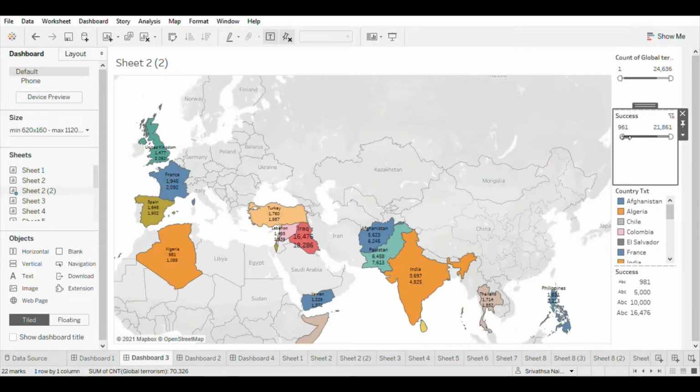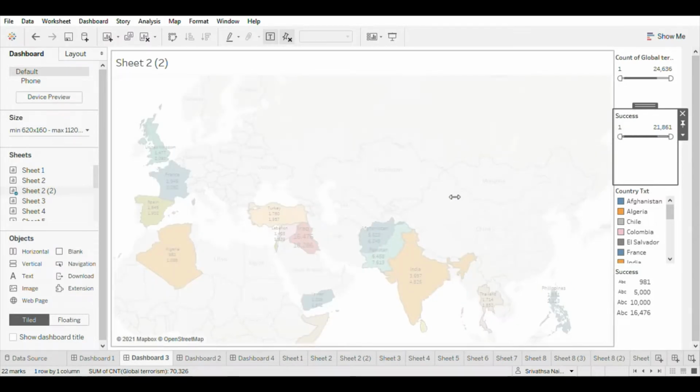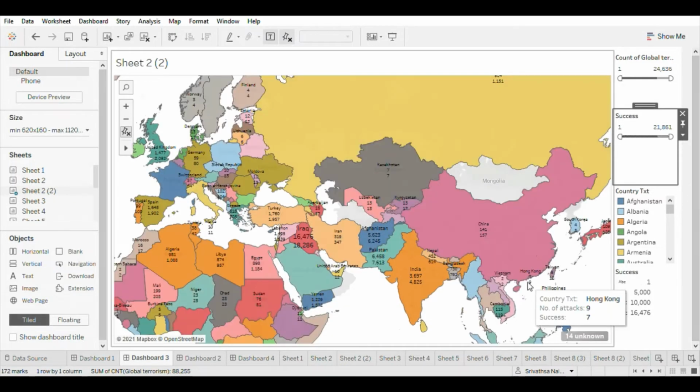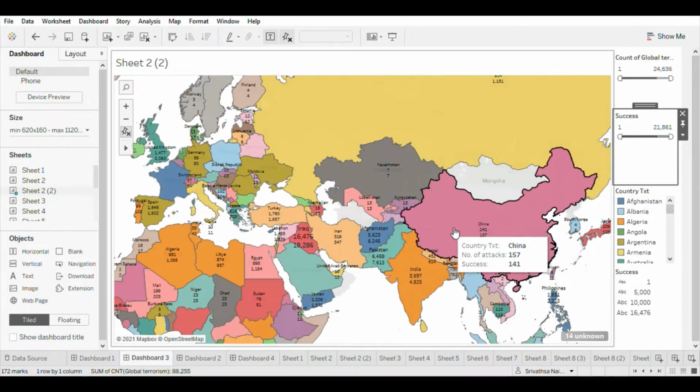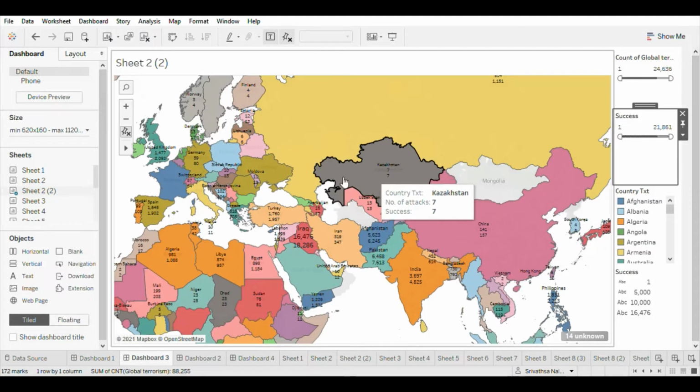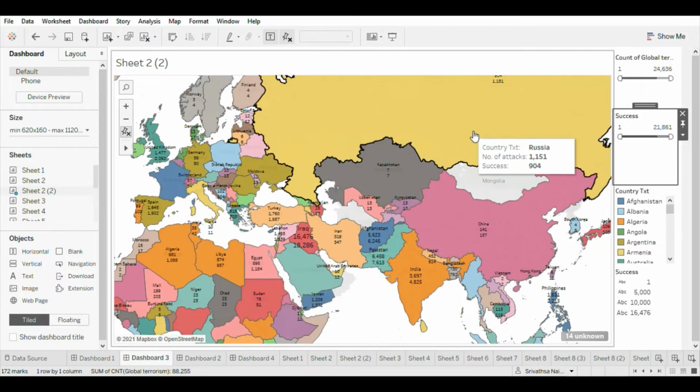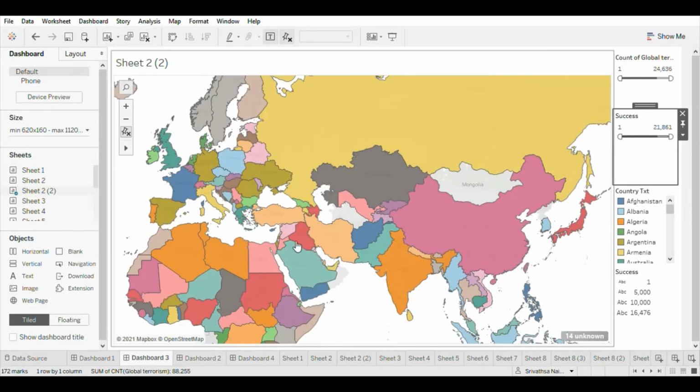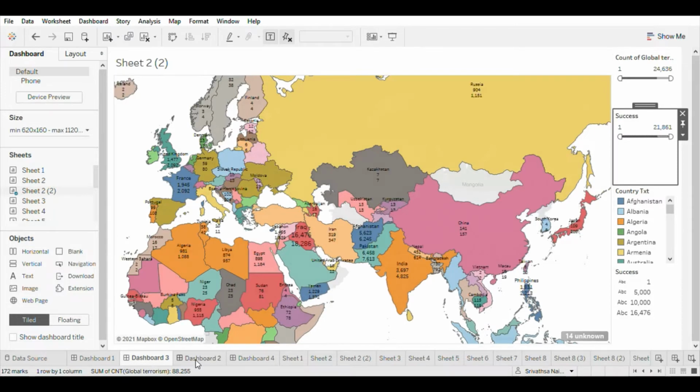I'll quickly change the filter in order to be able to show the number of attacks on each and every country. So now we can check the number of attacks and successful attacks on each and every country using this map visualization.